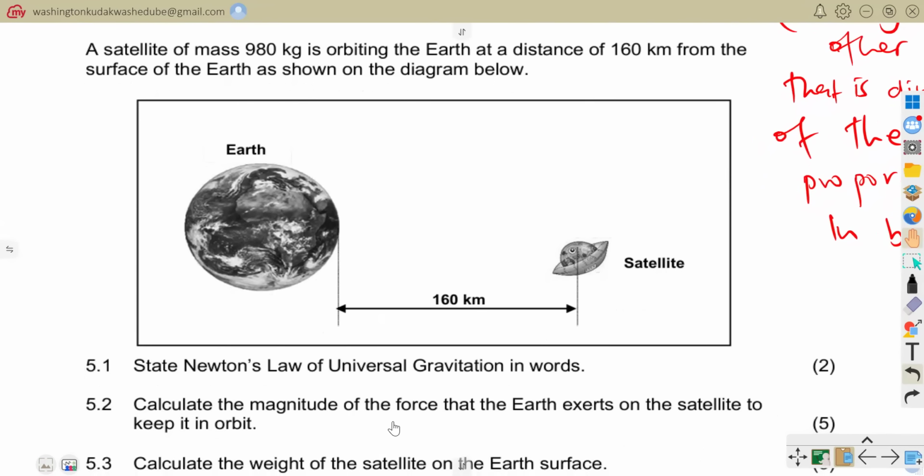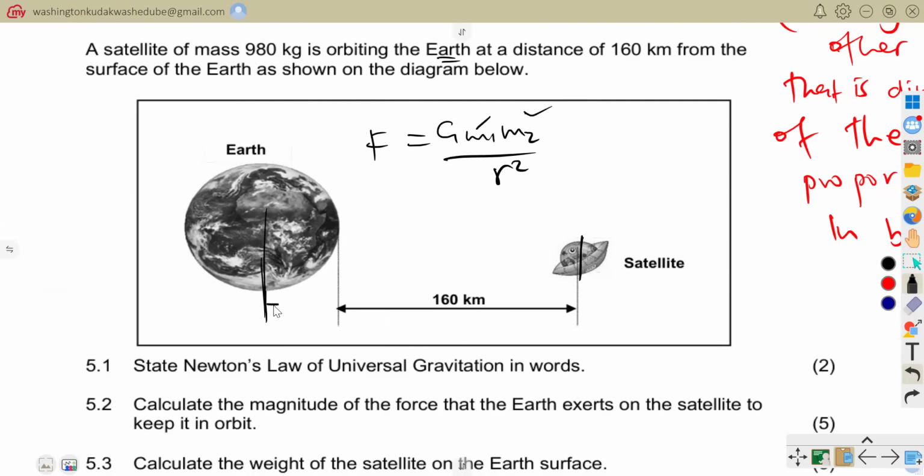Now calculate the magnitude of the force that the Earth exerts on the satellite to keep it in orbit. The magnitude of that force is calculated by this law. F is equal to G m1 m2 all over r squared. So we need the mass of the Earth, the mass of the satellite, and the distance from the center of these two.